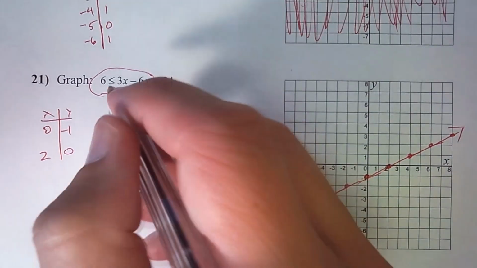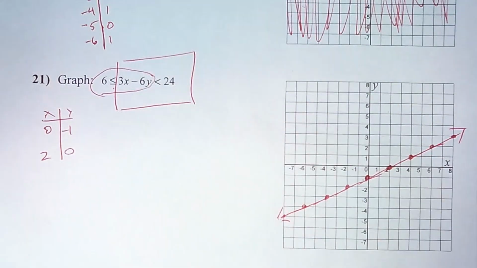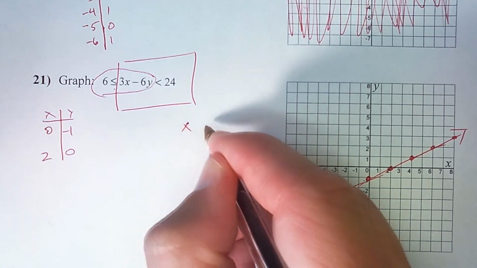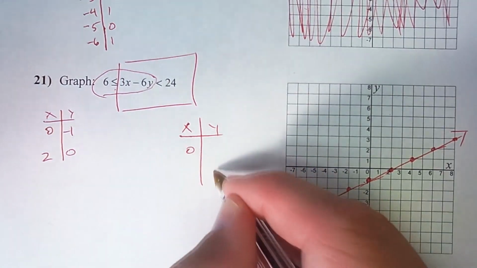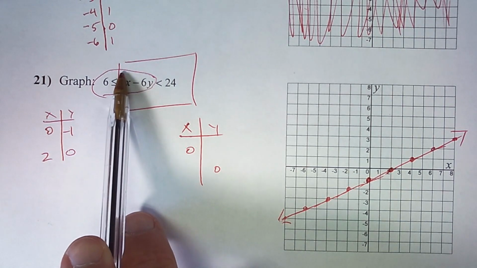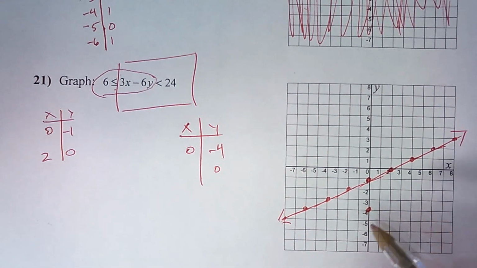Okay, then I've got an inequality here. Okay, so another chart. So when I put in a 0 for x, I'm going to divide by -6, and that will give me -4. So I've got 0, -4.